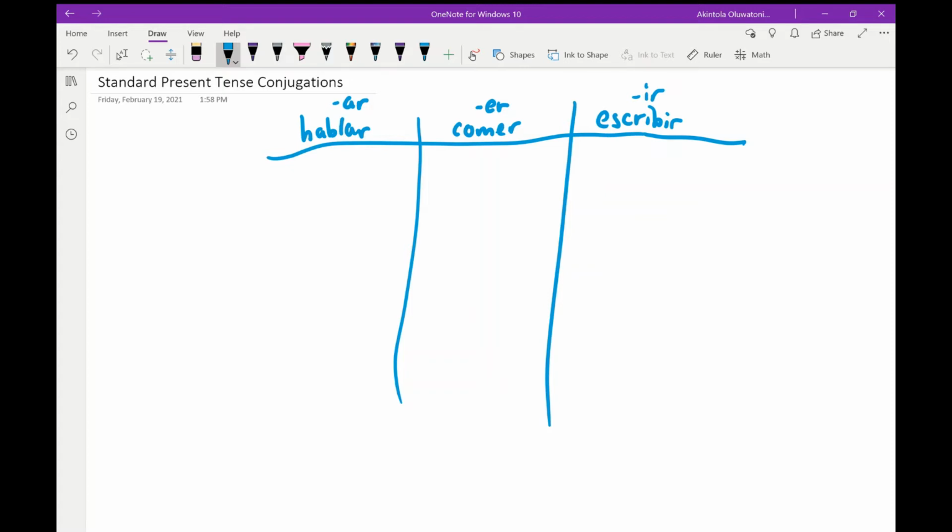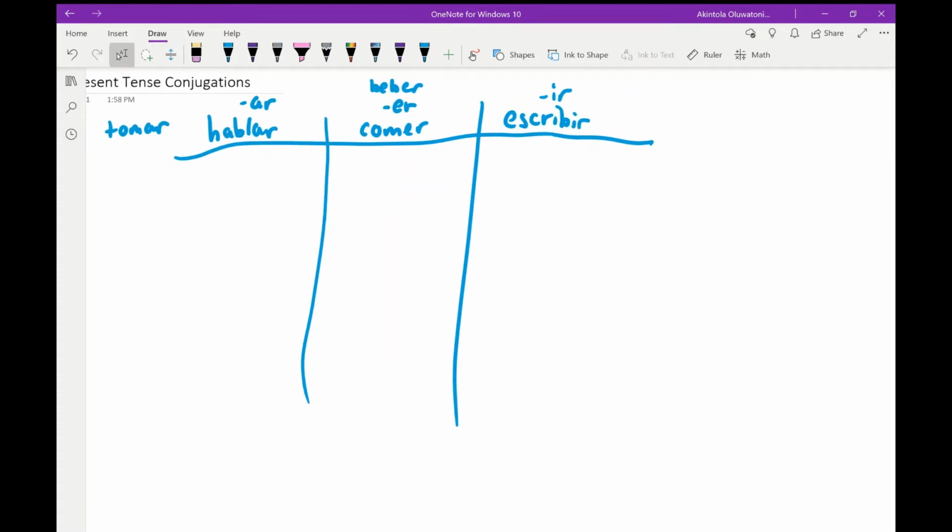So with this chart, you could take a similar verb that's also regular, like for example, tomar or beber, or, what's a good IR verb?